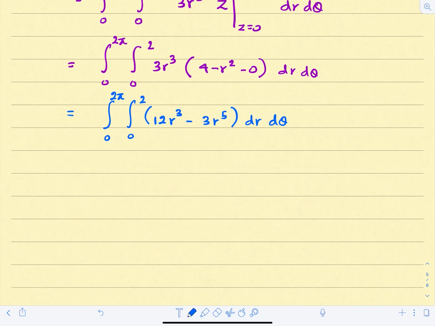Now let's integrate this term with respect to the r variable, and you will get 12r to the power 4 over 4 minus 3r to the power 6 over 6, and r goes from 0 to 2. Therefore the lower limit should be 0 and the upper limit should be 2.